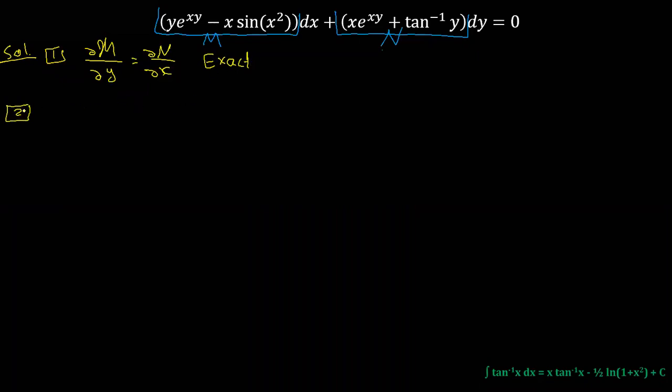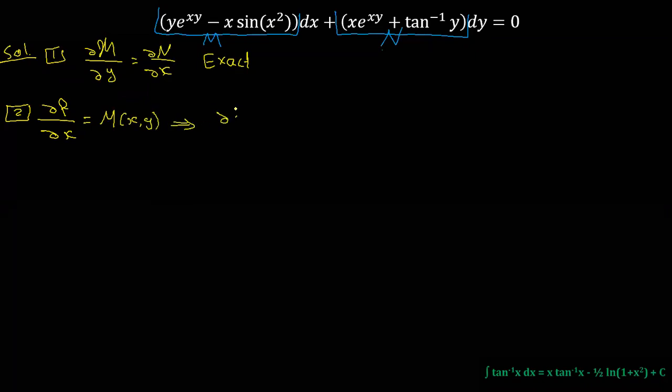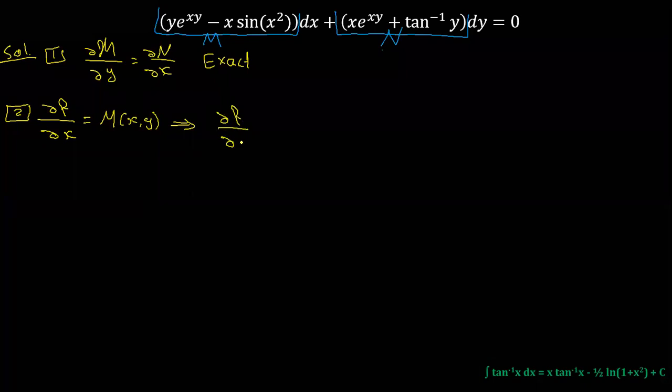The second step is to choose your f such that the partial derivative of f with respect to x is your M(x, y). That will give me the partial derivative of f with respect to x. It is my M. Where is my M? It is y e to the xy minus x sine x squared.